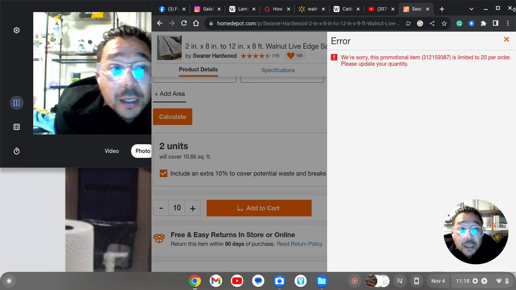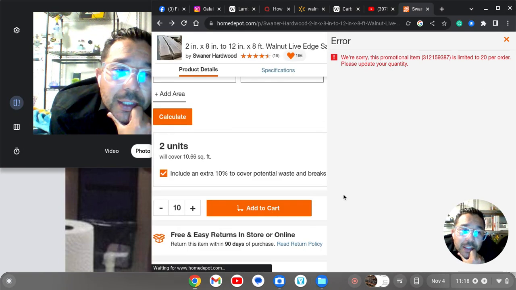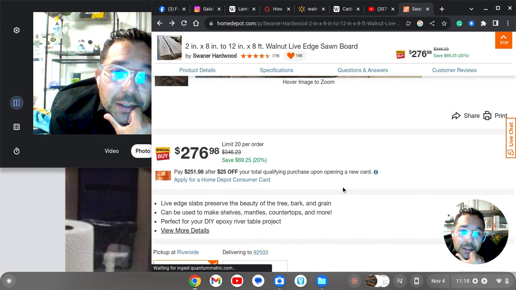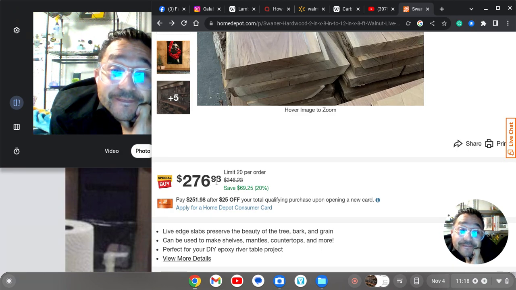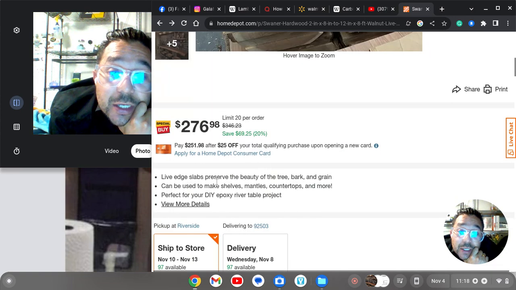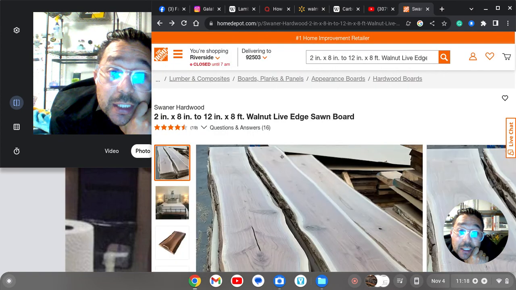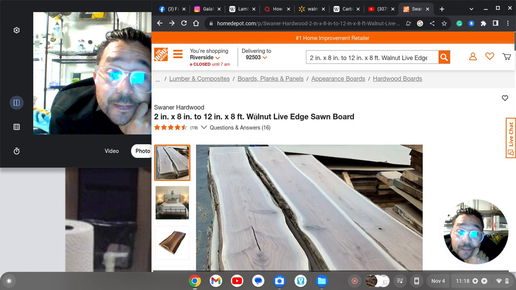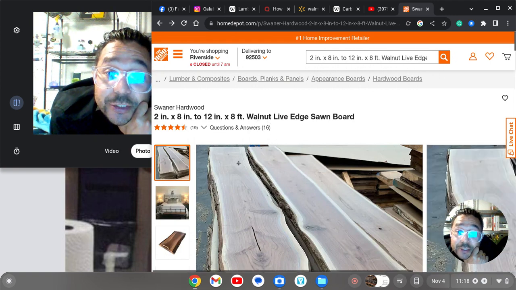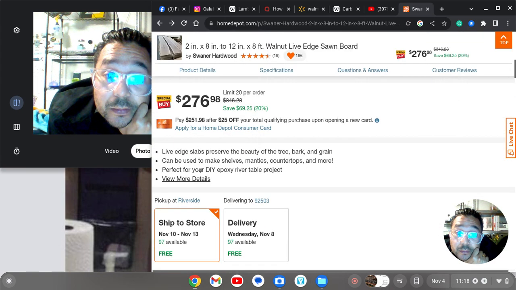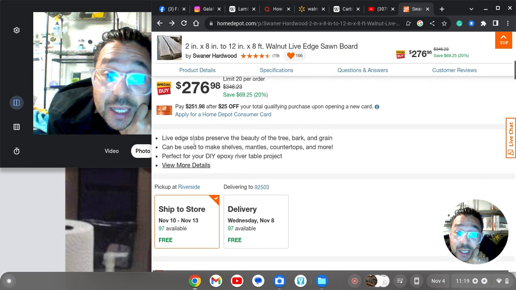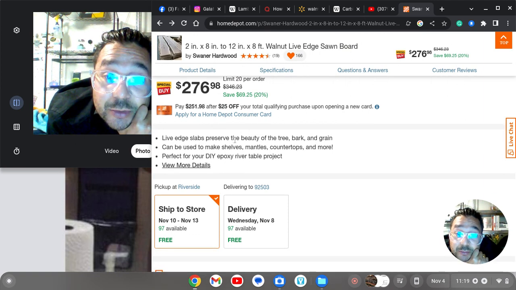All right. So okay, they're 276 and 98 cents each for one of these. It's a walnut from a walnut tree. So this is some good wood. This live edge slab preserves the beauty of the tree bark and grain.